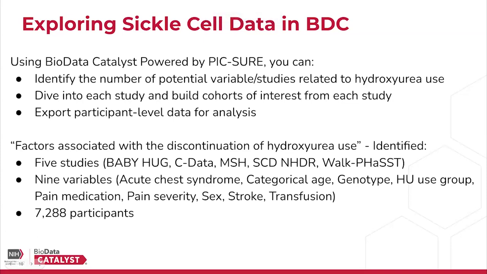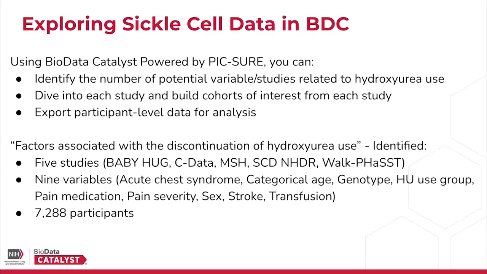Great. Yeah, so Emily just demonstrated that we can identify the potential studies and variables related to hydroxyurea use and dive into the study to build a cohort of interest from the study and export the participant level data for analysis. So coming back to our question on the discontinuation of hydroxyurea use.